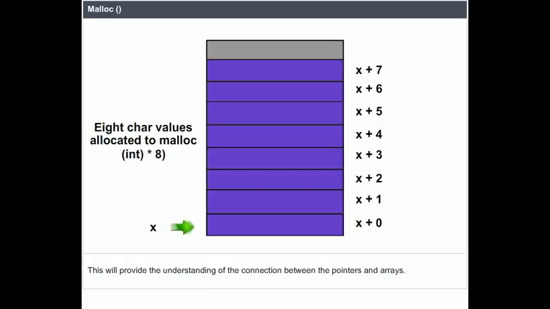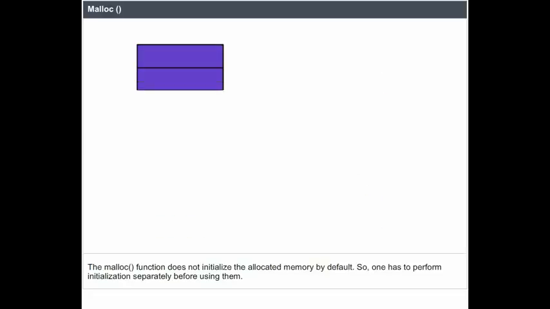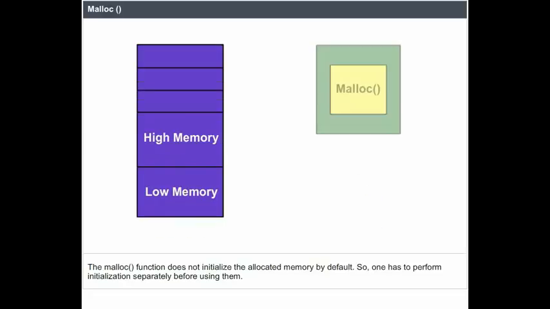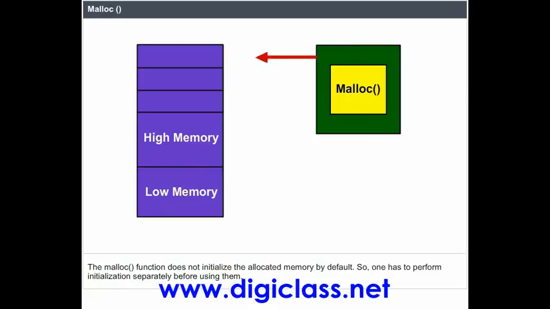This will provide the understanding of the connection between the pointers and arrays. The malloc() function does not initialize the allocated memory by default, so one has to perform initialization separately before using them.